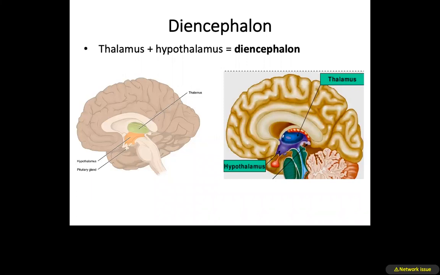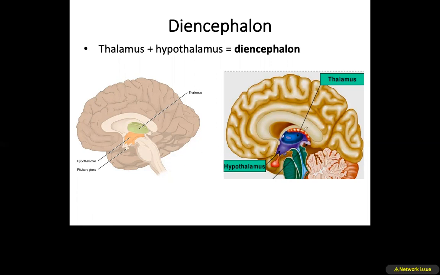So diencephalon is made up of thalamus and hypothalamus. There's technically a third part called the epithalamus, which is associated with the sleep and wake cycle and connects to the hypothalamus. I don't go into details about that though for your class.